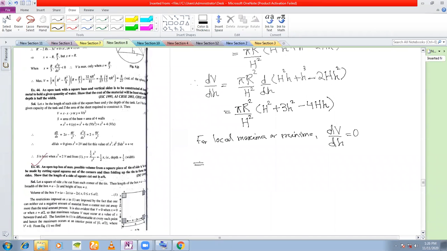That means pi R square by H square into (H square plus 3h square minus 4Hh) is equal to 0. Right?